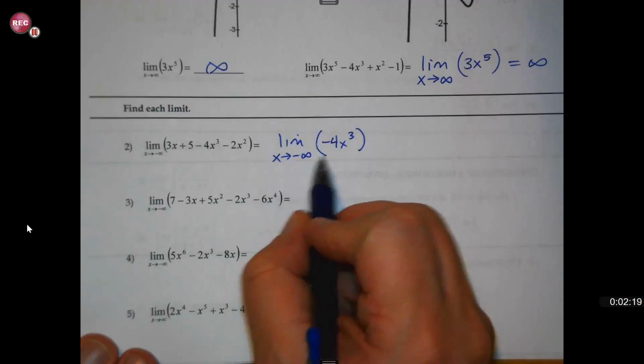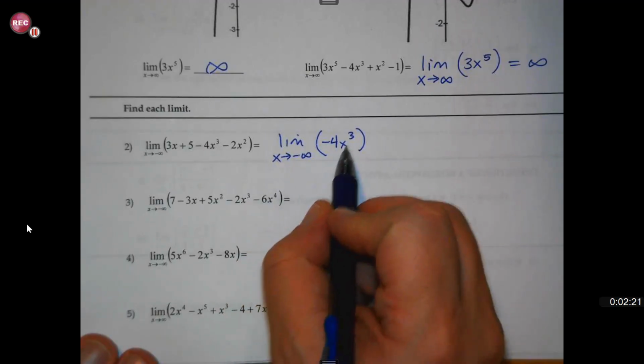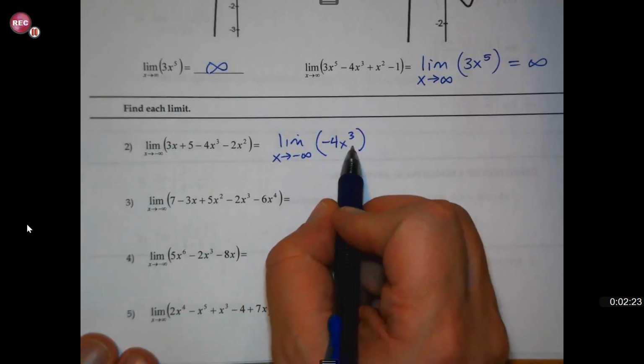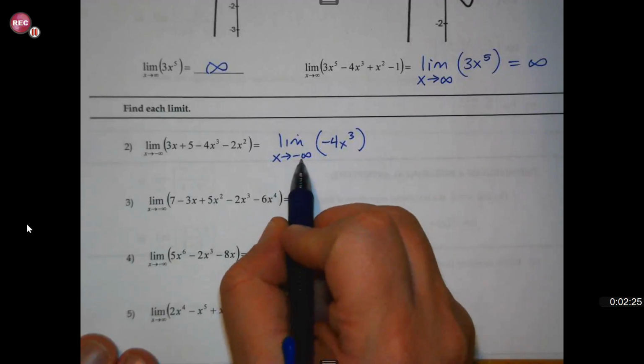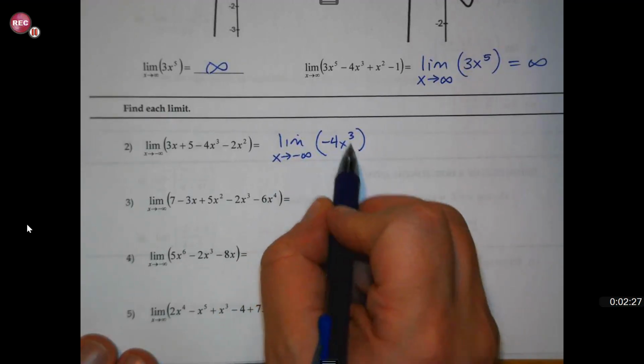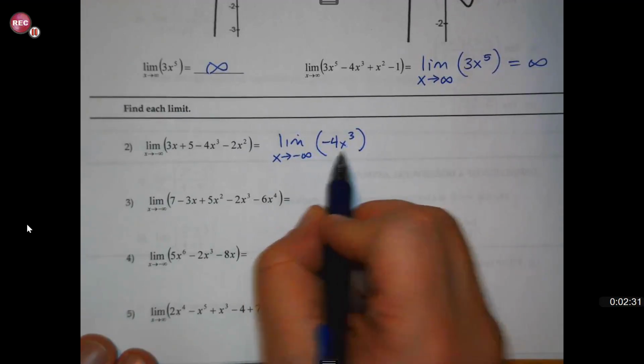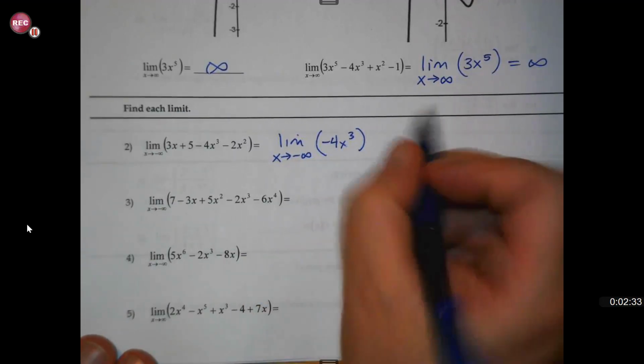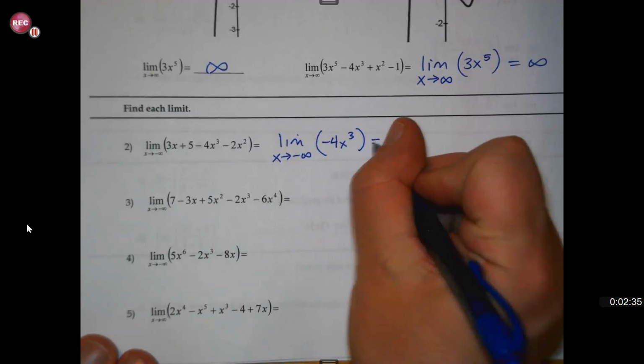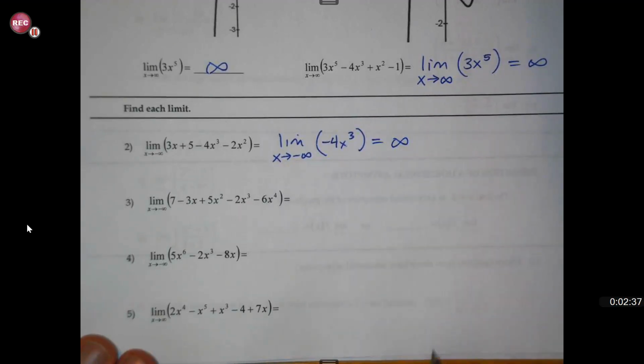So as x goes to negative infinity, x cubed is also going to approach negative infinity because cubing a negative is still negative. But when multiplying by negative 4, that's going to switch the value of our outputs. So in reality, we're going to be approaching positive infinity for this one.